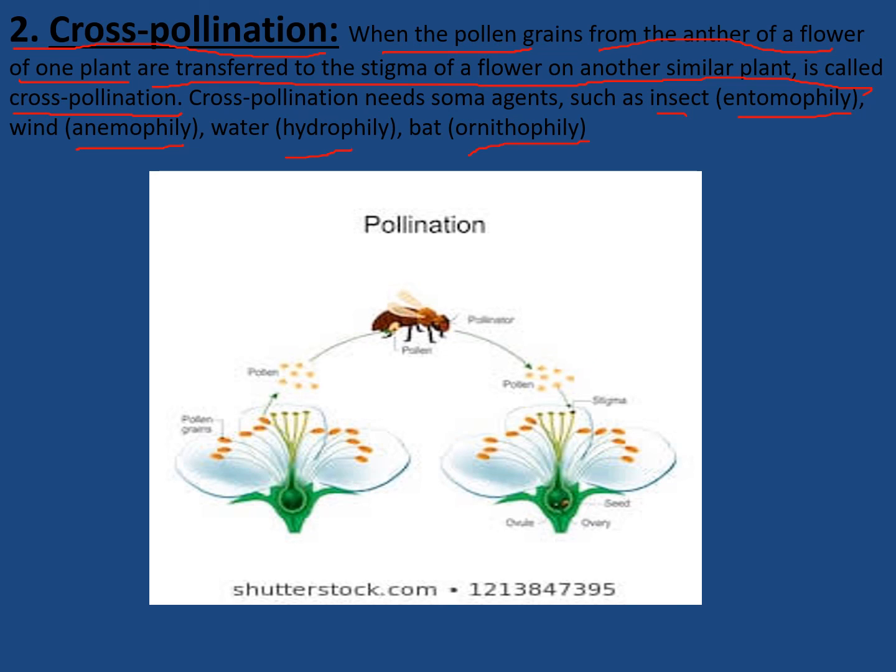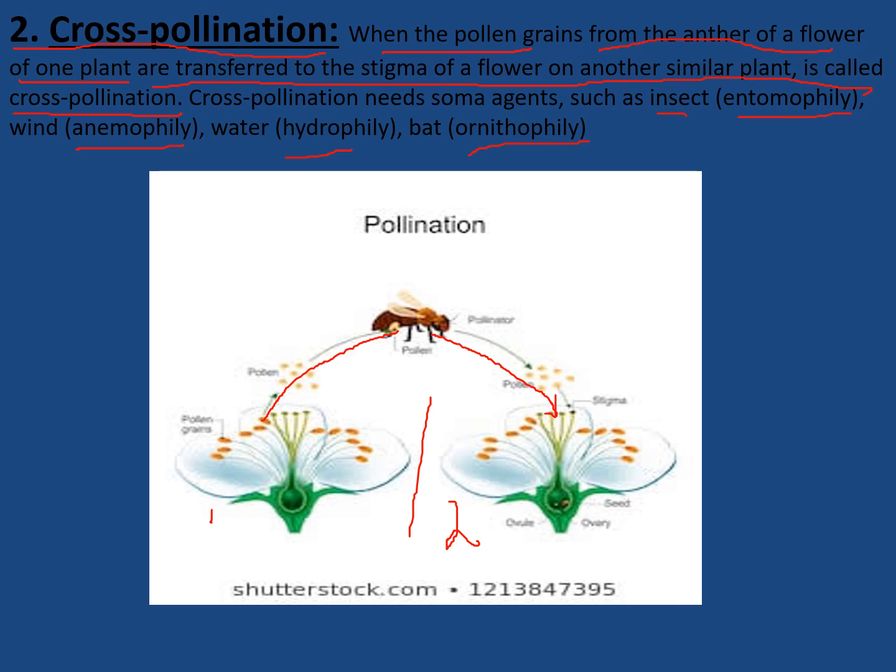Ornithophily. Now look here, because of this agent, this is one plant and this is another plant, and the pollen grain from this anther will be carried by this insect and then transferred to this stigma. Why? Because these bees come to this plant for taking the nectar.